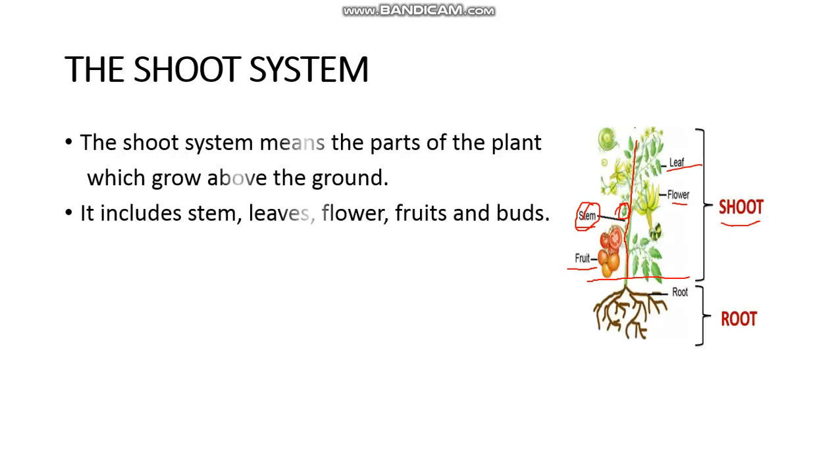Let us move to the next, the shoot system. Already we know what that is. Listen carefully, students.